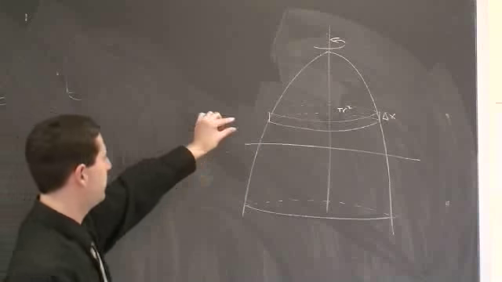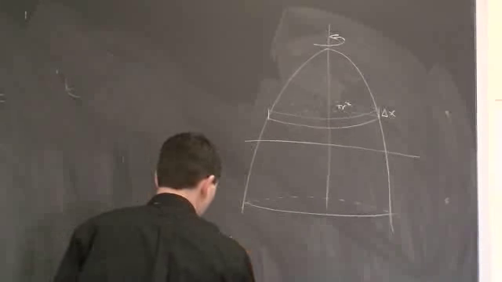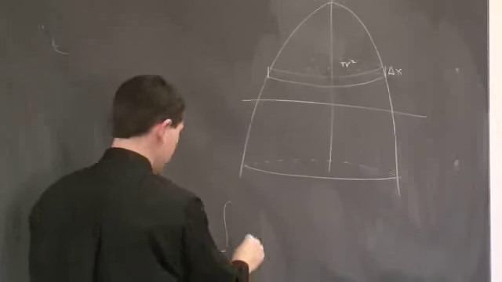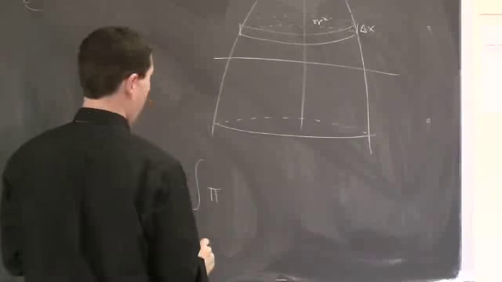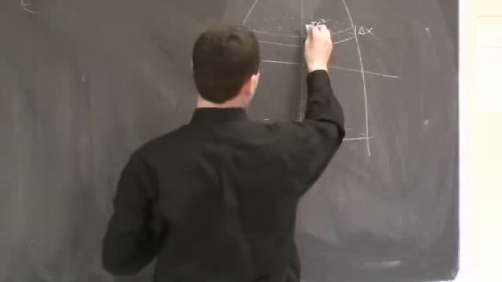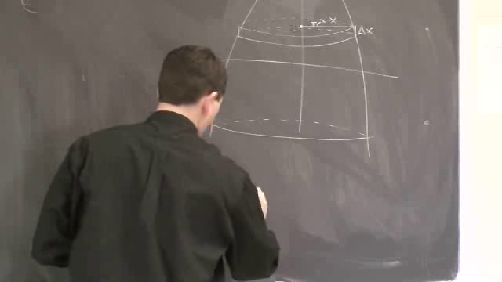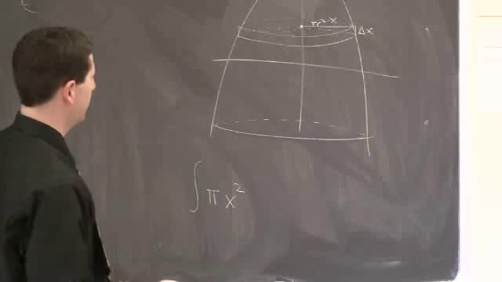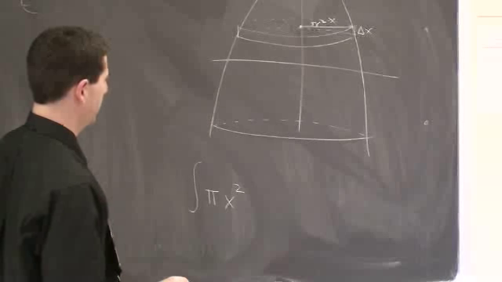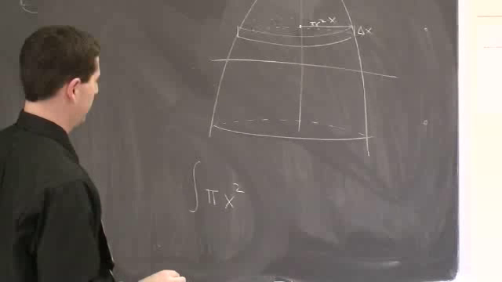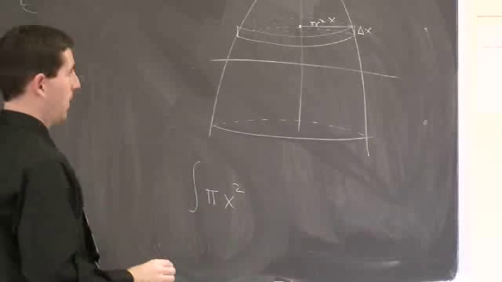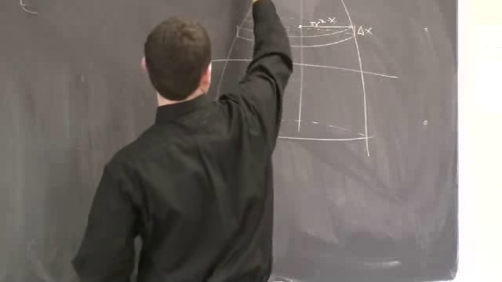And what was the formula? Well, we put the pi on the outside, but let me put it on the inside for a second. Pi r squared, well, here r is whatever the x coordinate is. Pi x squared, right? Remember, since we're going around the y-axis, we're looking at x as a function of y.